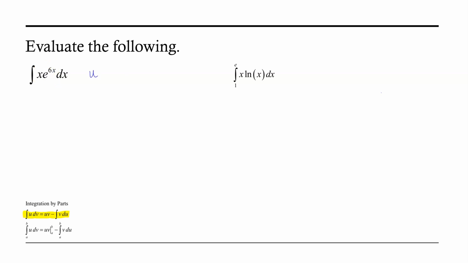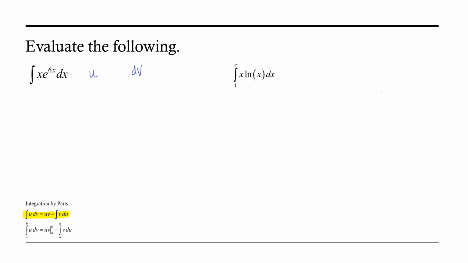Typically we're looking for a pairing that makes the resulting integral, the integral of v du, at least no more difficult than the original integral, ideally simpler than the original integral.